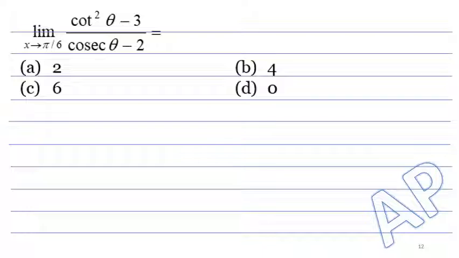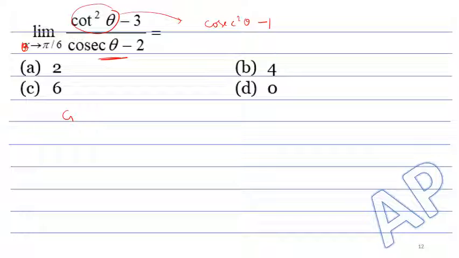Find the limit as theta tends to pi by 6 of (cot square theta minus 3) by (cosecant theta minus 2). This cot square theta can be written as cosecant square theta minus 1.